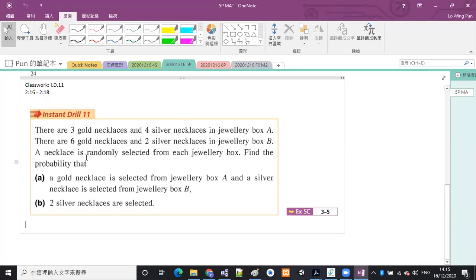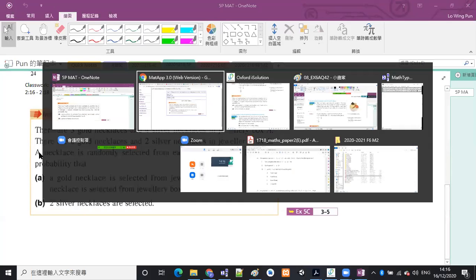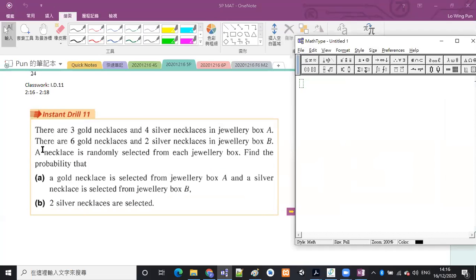Okay, can you see this? We have 2 selections, 2 times of selection. Let's see what part A asks.